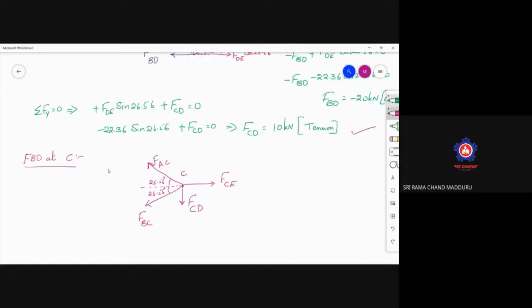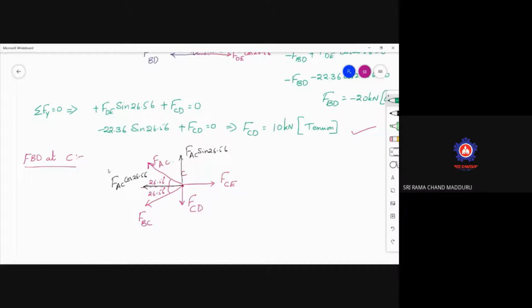Now resolve the forces along the x-axis as well as along the y-axis. So this AC force, you have to write down as FAC cos 26.56. This is FAC sine 26.56.